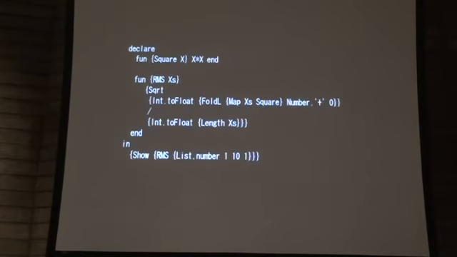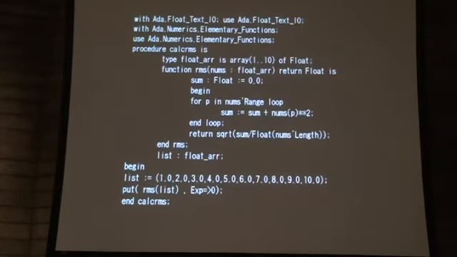So, return to Oz. Now, you thought this was maybe a little uglier than the Perl example. How about this? Yeah, I actually liked Ada when it first came out.